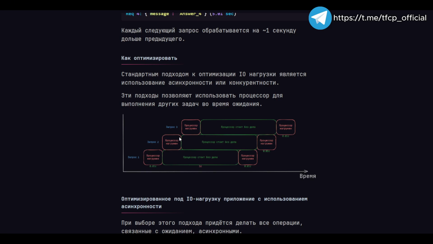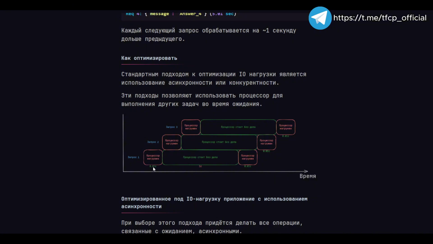For example, we have 3 requests that come in at the same moment. Here, we only have the execution time when the request starts executing and when it finishes. Here, the first one has arrived, and the processor is busy, so other tasks cannot be processed for now. The processor is busy.